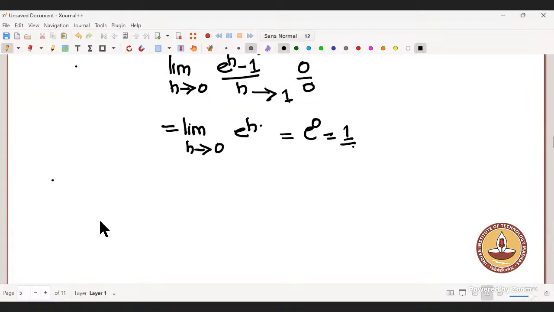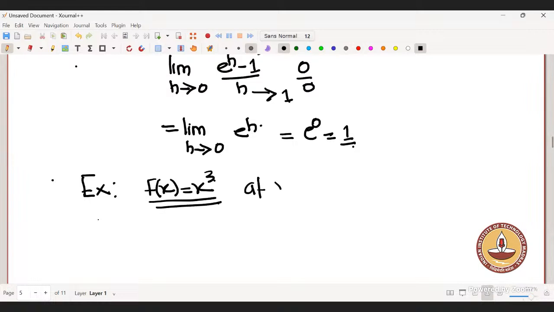No. Just think about this example: x cube, 3x square. Of course, this is one-one and onto, right?